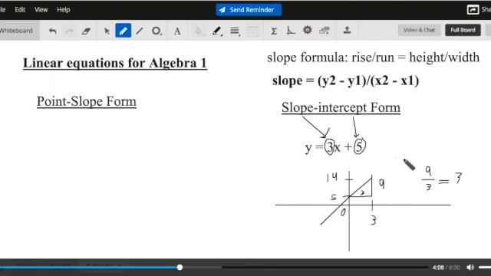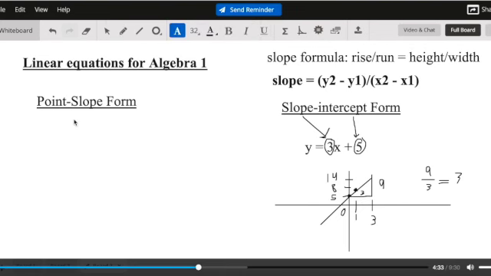So that's where I get this, slope-intercept. Usually what I'll do is start at 5, and then from 5, if I go over 1 unit, I go up 3. Pretty simple and straightforward, a lot easier than point-slope form.